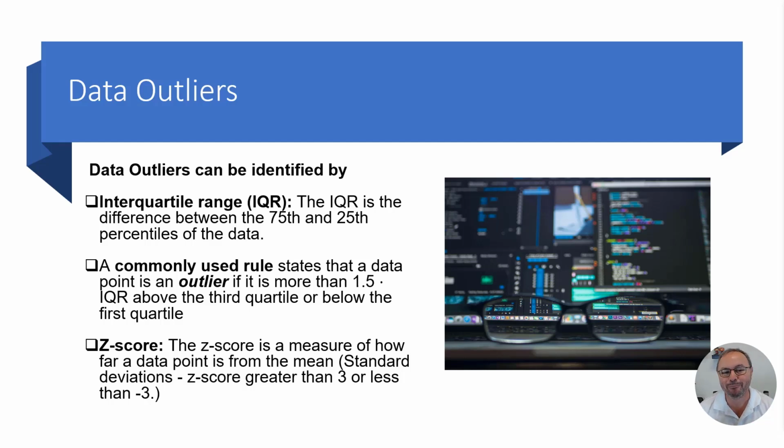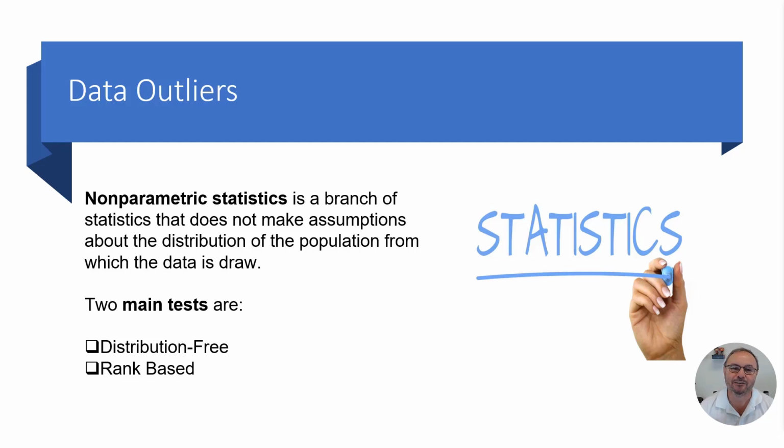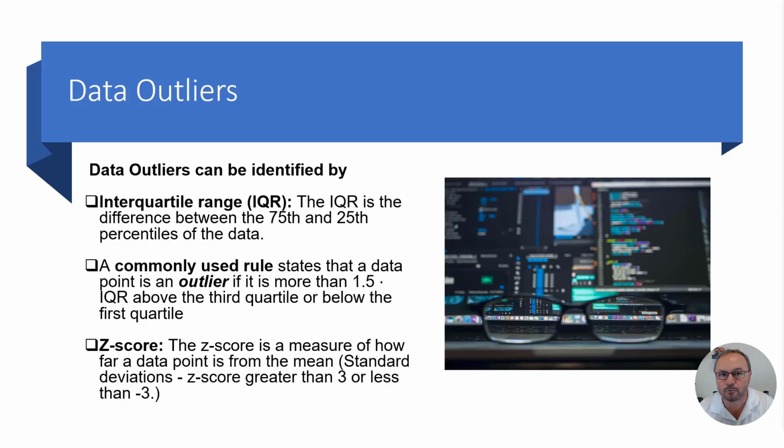When it comes to non-parametric statistics, this is a branch of statistics that does not make assumptions. And what that means is we're looking at really the population of what we're sampling. So we don't want to draw conclusions based on the population. So if we have ethnic groups, if we have income levels, we have ages, these are things we don't want to assume when we're actually looking at data.